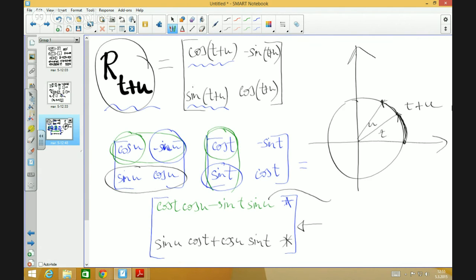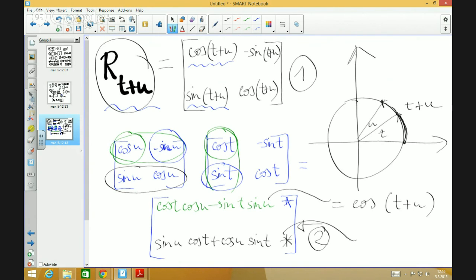This thing here is actually equal to cosine of t plus u, because that's the entry at position 1,1 of this matrix. These two matrices are equal. This matrix number 1 is equal to this matrix number 2, so their first entries must be the same.